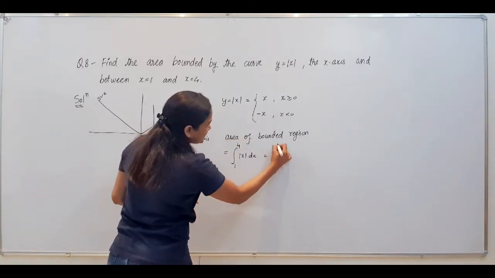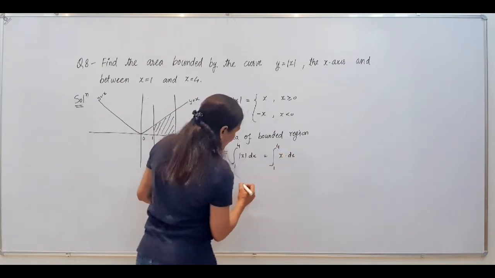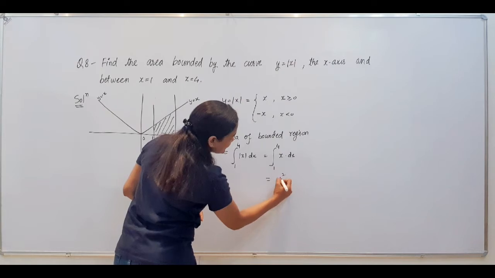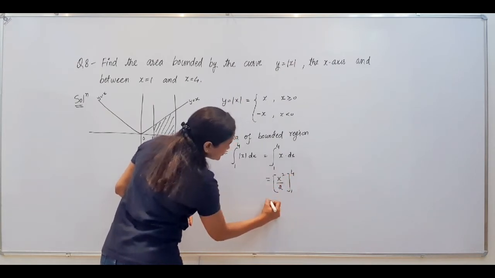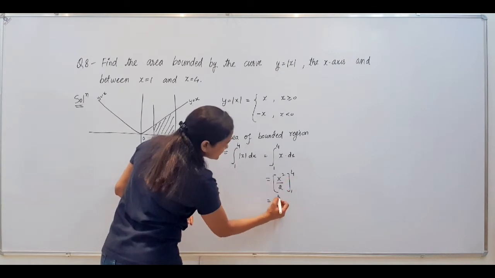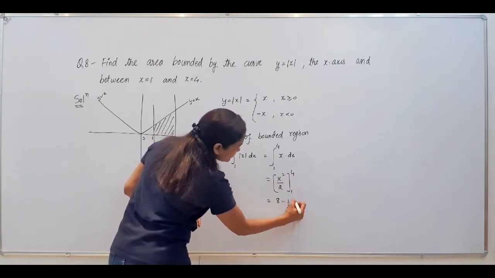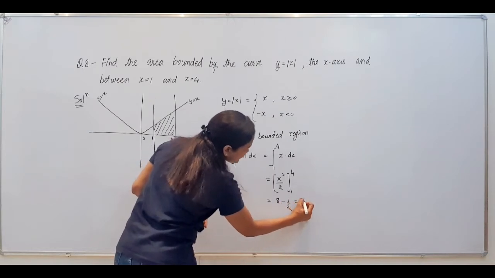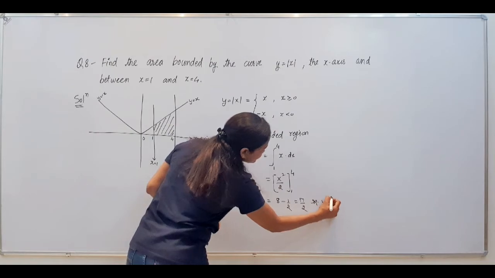So you have to integrate between 1 to 4 x dx. This is equals to x square by 2 between 1 to 4. So this will be equals to 16 upon 2, 8 minus 1 upon 2. So your answer is 17 upon 2 square units.